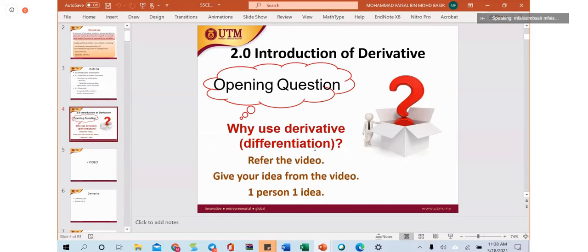Can anyone share? To determine the rate of change of a quantity.